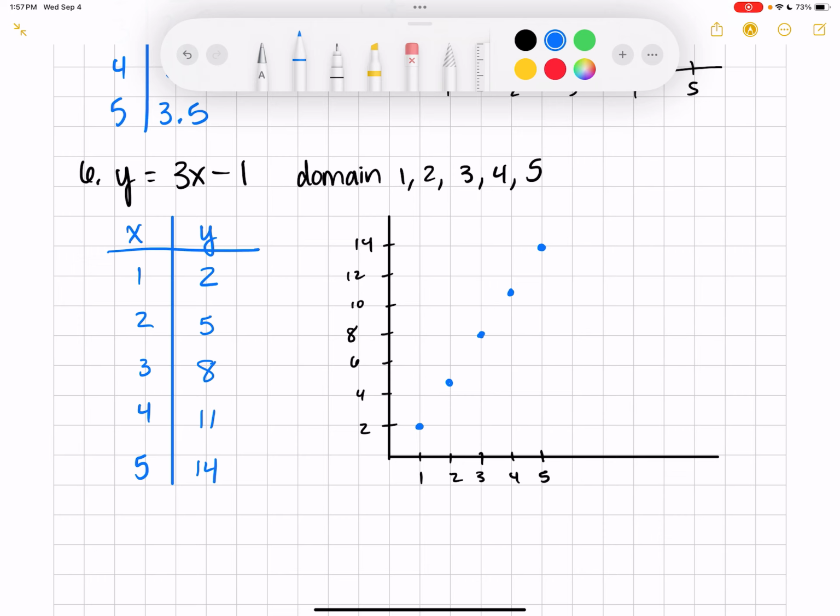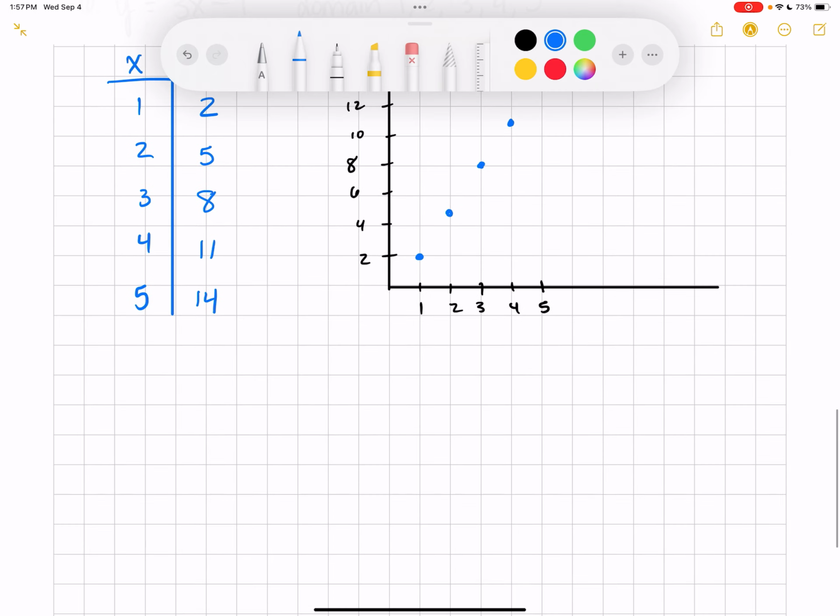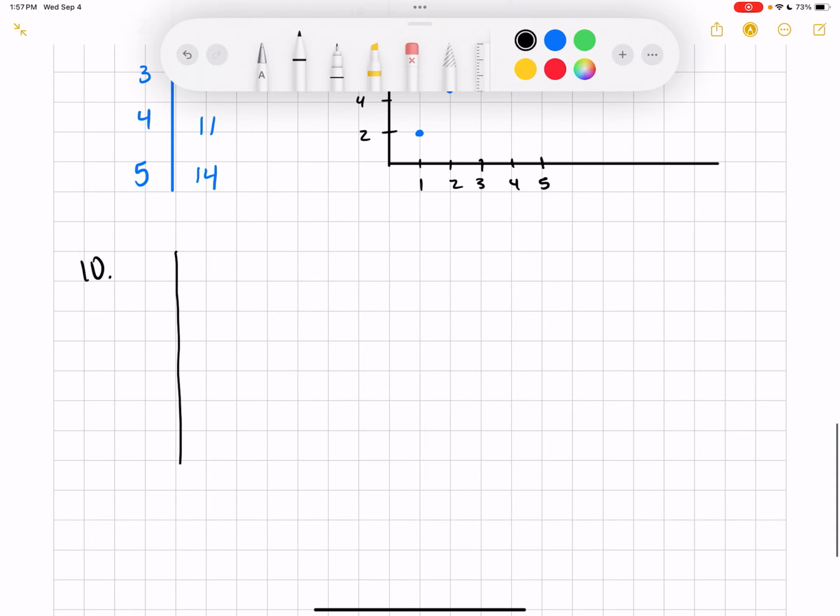All right, any questions on this one? All right, 10 says to write the rule for the function represented by the graph, identify the domain and range of the function. So they give us a graph that goes to 6 on the x and the y.